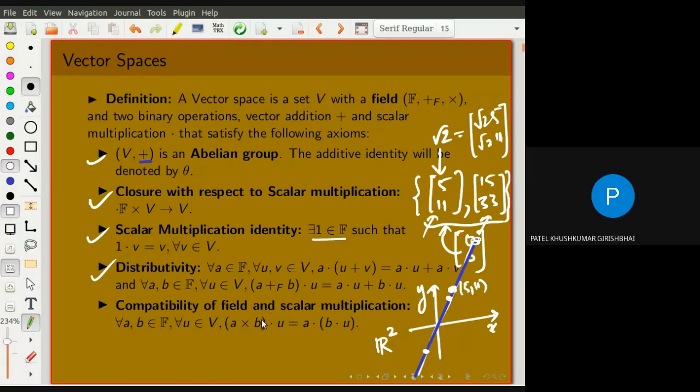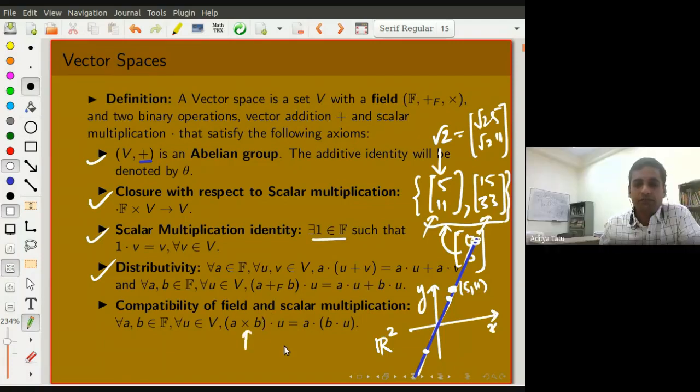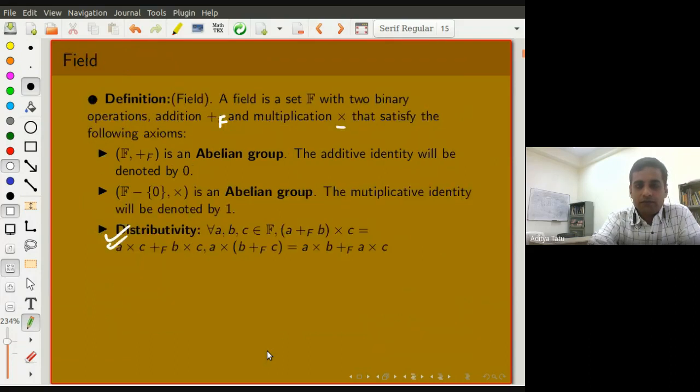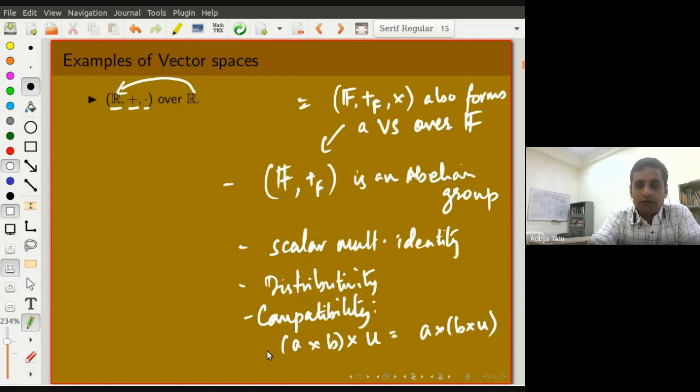Okay, so remember, this is your field multiplication, this is your scalar multiplication, which in this particular example is the same. Okay, anybody else? Then let's move ahead.